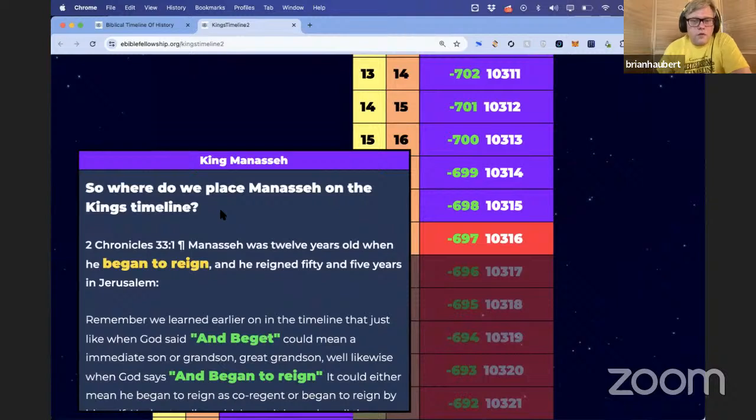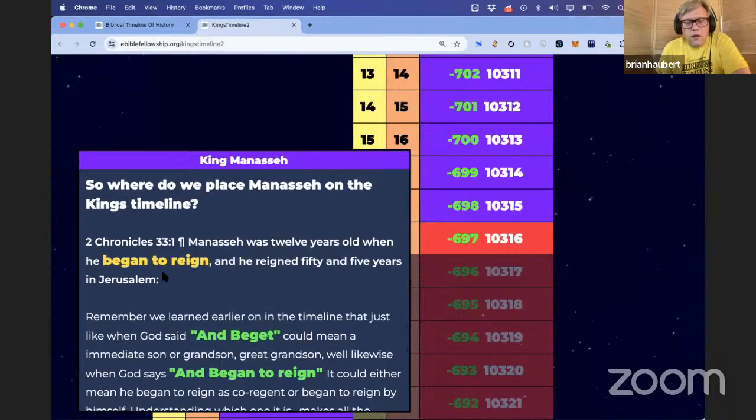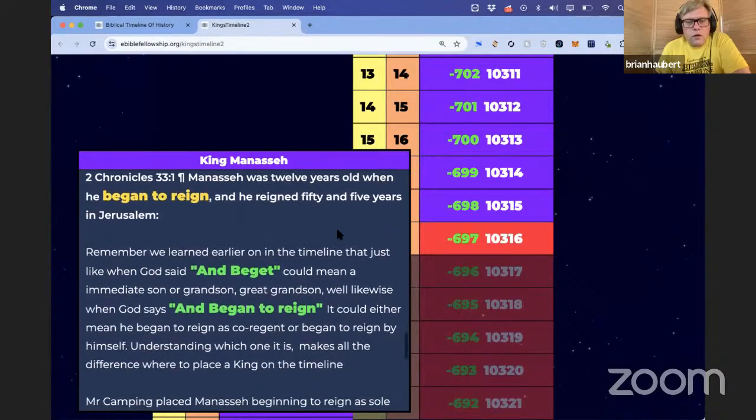So if you go to 2 Chronicles chapter 33 and verse 1, Manasseh was 12 years old when he began to reign, and he reigned 50 and 5 years in Jerusalem. And remember, we learned earlier in the timeline that just like when God said "begat" in the chronologies of Genesis 5 and 11, it could mean an immediate son, or a grandson or a great grandson.